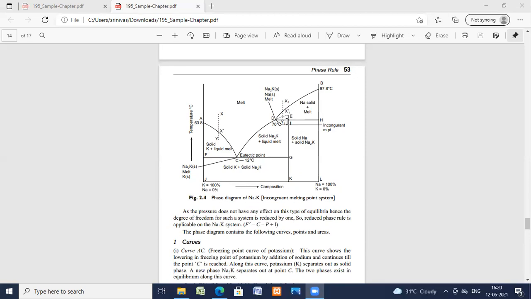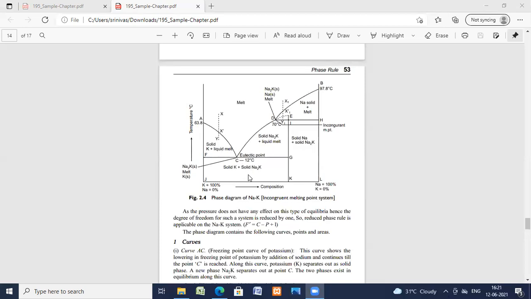So 1, 2, 3, 4, 5 areas. Curves: AC curve and CD curve. Okay, these are the curves, and the areas are ACF, ECG, BDH, IHLK, and FCG.